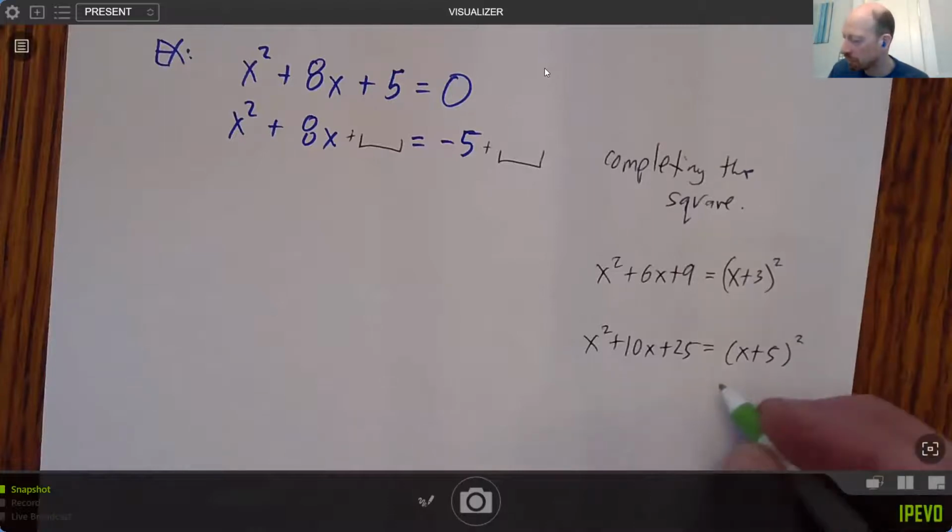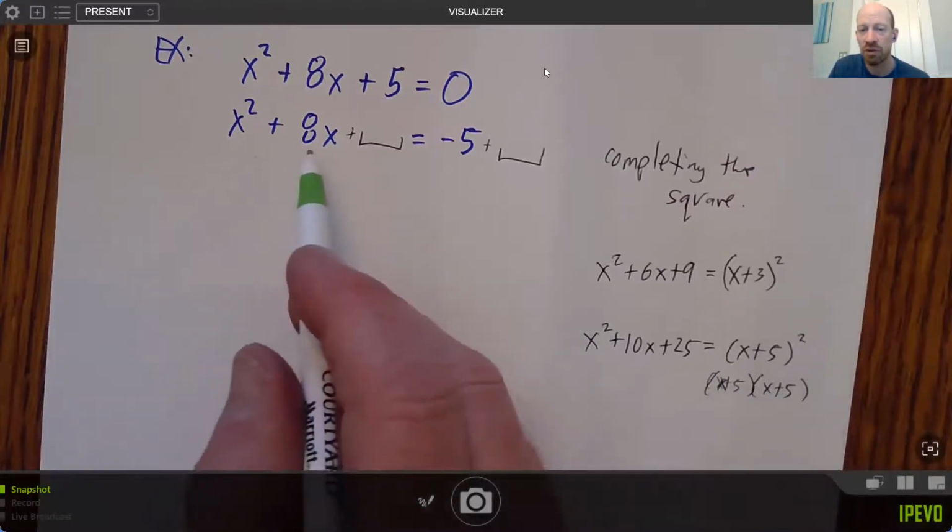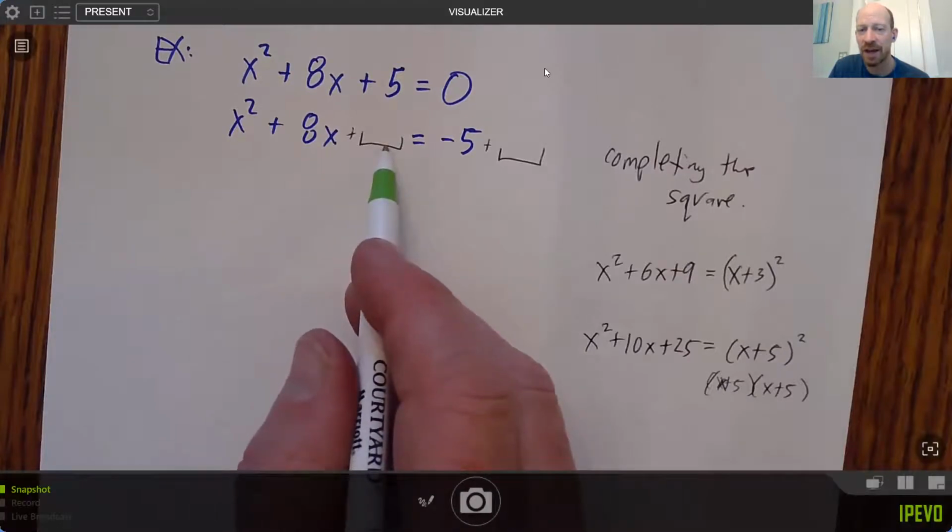And you can check that, right? That's x plus 5 times x plus 5, x squared plus 10x plus 25, the way that foiling goes together. So can you guess what I should add here?